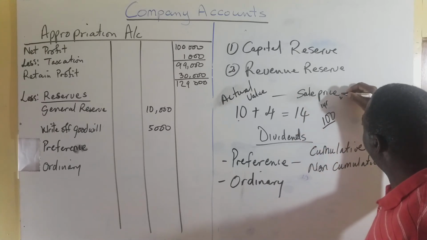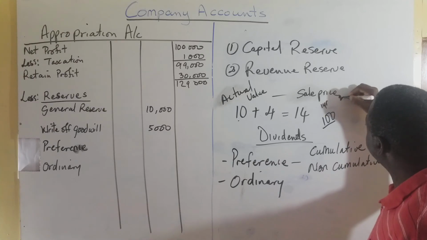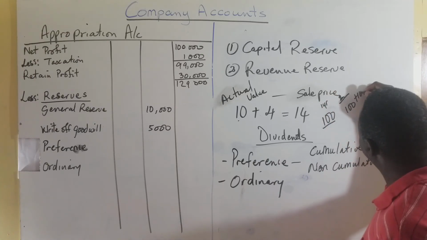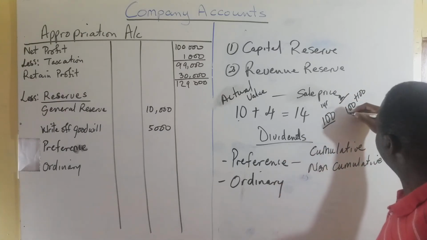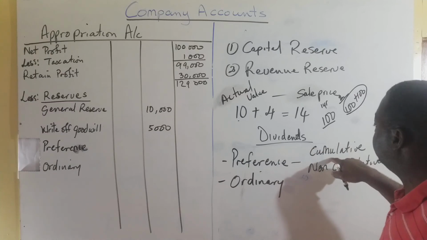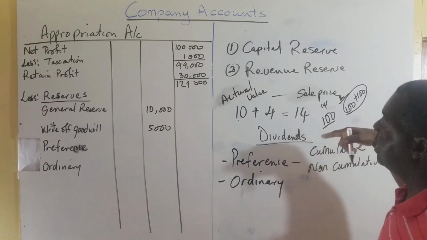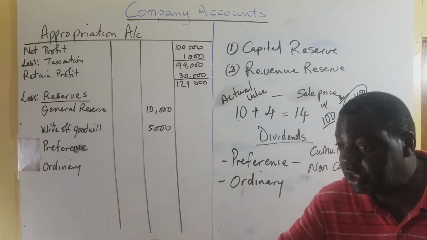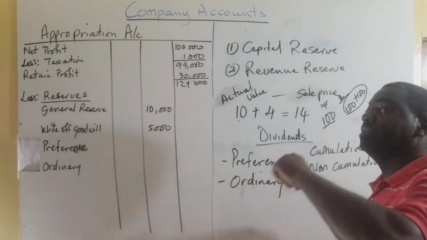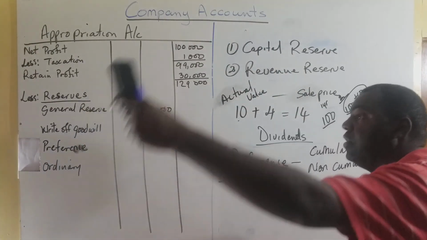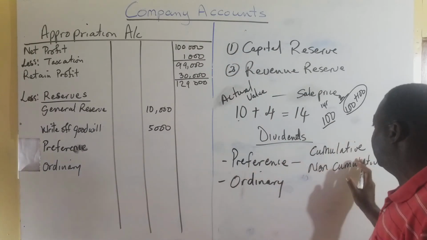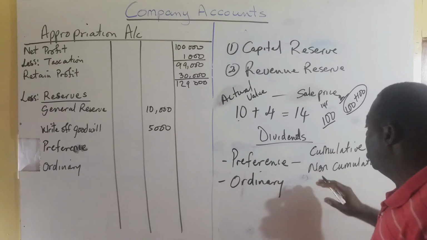In year two, the company is going to pay this 100 plus the 100 for that year. So it is cumulative, right? That is a cumulative preference share. That is where the company owes the shareholder and did not pay last year. That money that was owed last year will be carried over to this year and be paid. That's why it's referred to as a cumulative preference share.